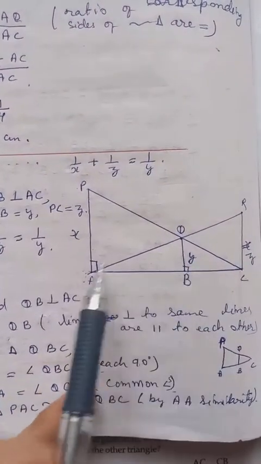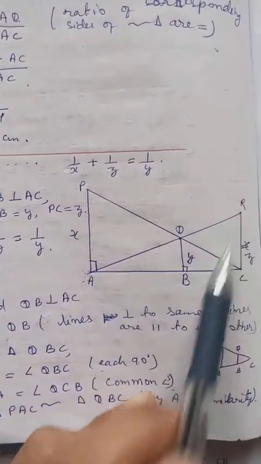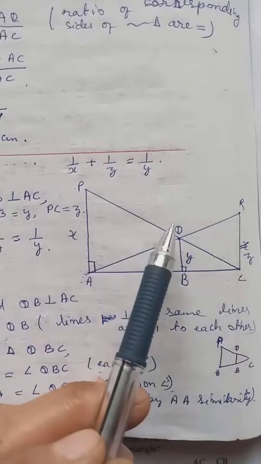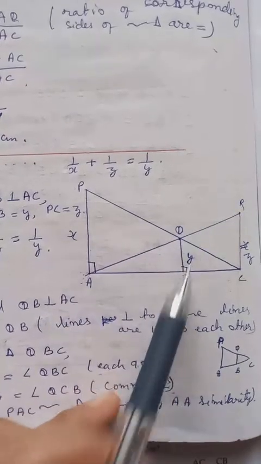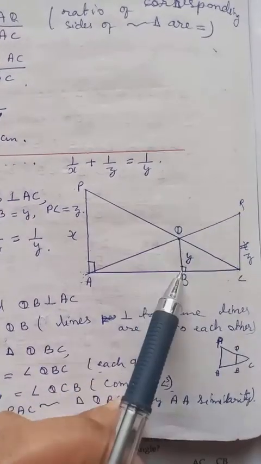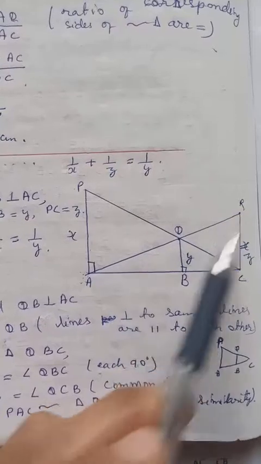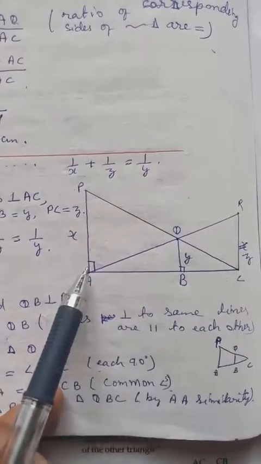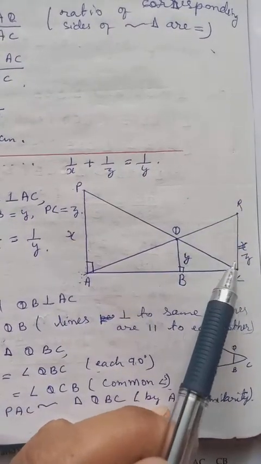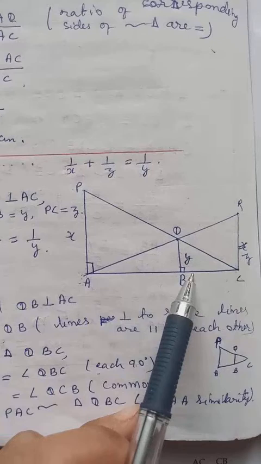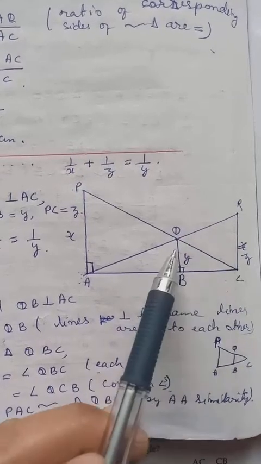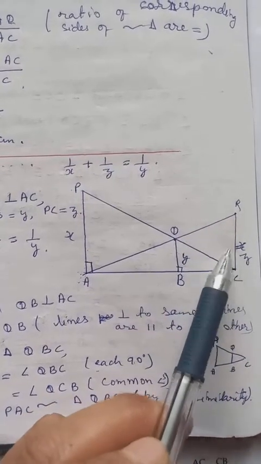In the same way, we compare the triangles ARC and AQB. Here we have QB perpendicular to AC and RC perpendicular to AC. If two lines are perpendicular to the same given line, they are parallel to one another.